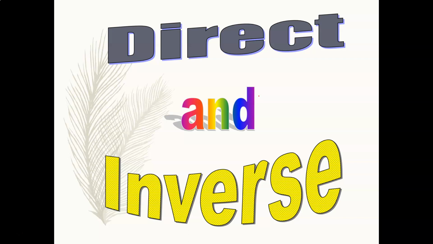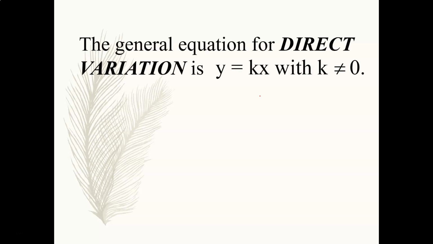Direct variation has a general equation. The general equation for direct variation is y equals kx. As you read this equation, y varies directly to x, where k is not equal to 0.